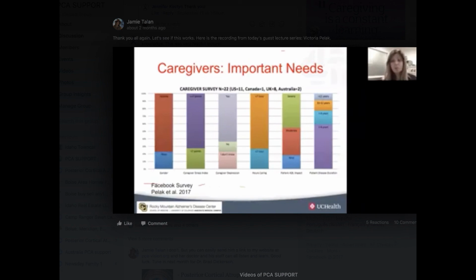Oftentimes, some people will be more affected by not realizing what mistake they've made or what misperception they've had, versus another person who will be very aware that they just made a mistake or that they can't get to the hand. So number one, it's very variable. And number two, simply asking may help afterwards: did you realize that you couldn't find the hand? They may have very good insight, but didn't want to call attention to it, for instance.